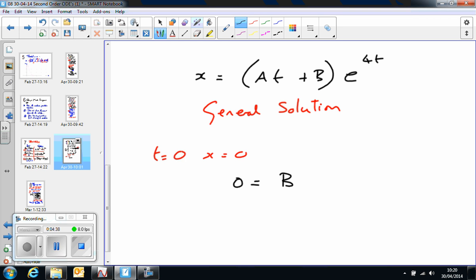So there's no b term in there. But what about a? So to find a, we need the second initial condition. We know that when t equals 0, the differential is minus 2. So I've got to differentiate this original function.